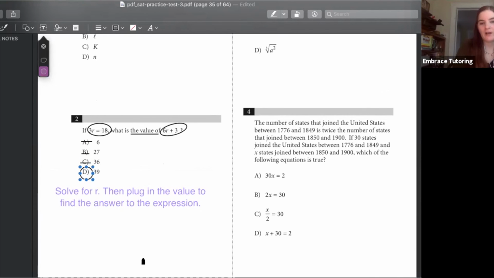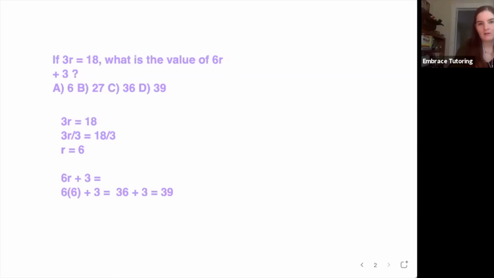And I would have written out, just like we did on the digital whiteboard, how to solve that step by step, starting with my equation, just like we see here. So we have the question here, and then I would put 3r equals 18. Below that, I rewrite my problem as I'm solving it.